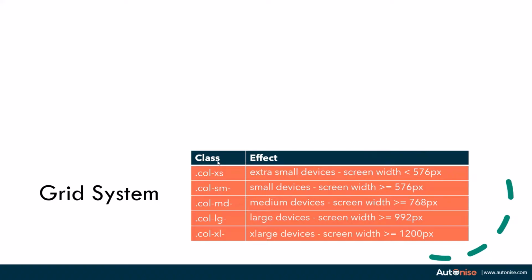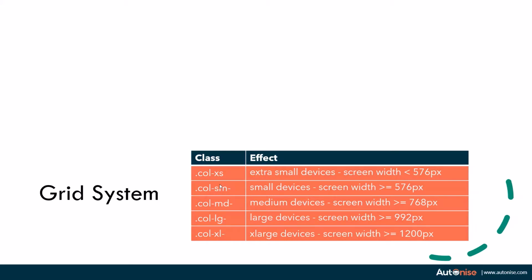The way to do this is using these classes. As you saw earlier, we used the col-md class to define our grid. MD stands for medium. For devices which have screen width greater than 768 pixels, the columns will behave normally. But if your device size is less than 768, then these columns would come down one below the other and be converted into a row.